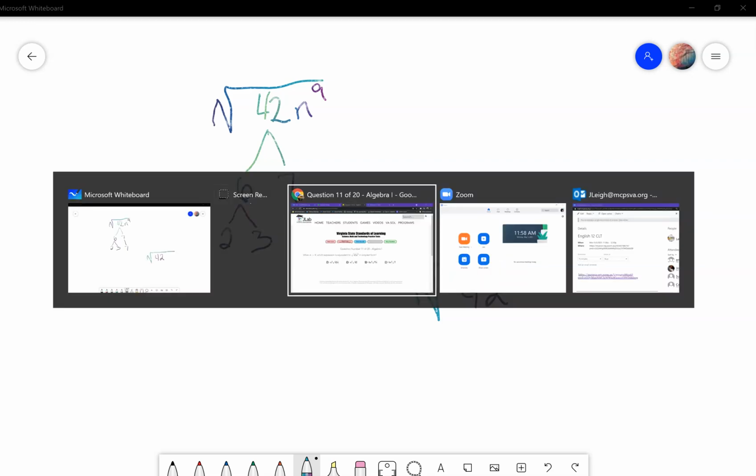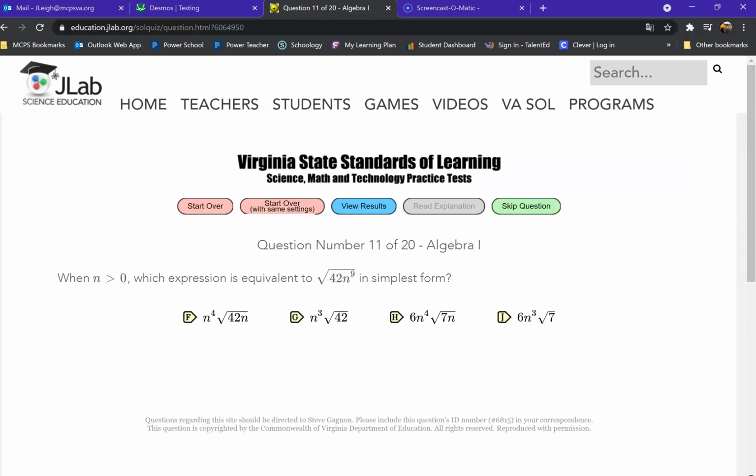But I want to show you something. Look at your answer choices. We have narrowed them down already. It's now either going to be F or it's going to be G, because those are the only 2 that have 42 under the house.